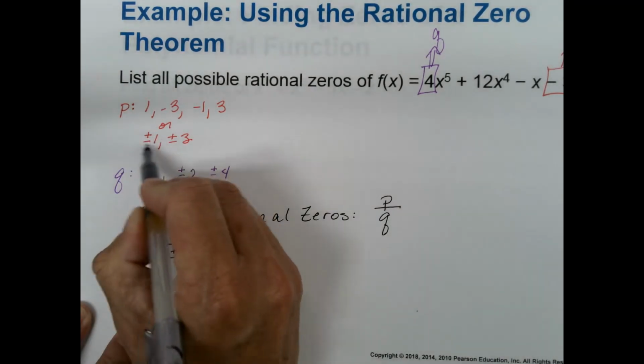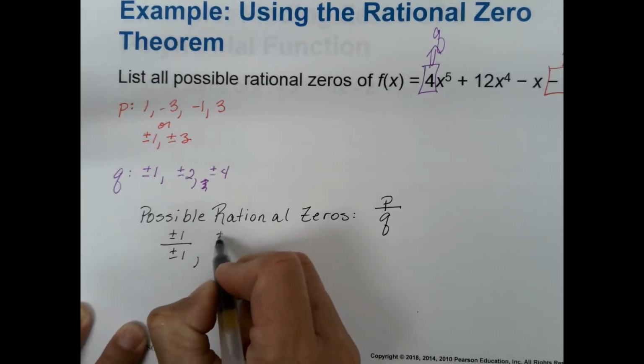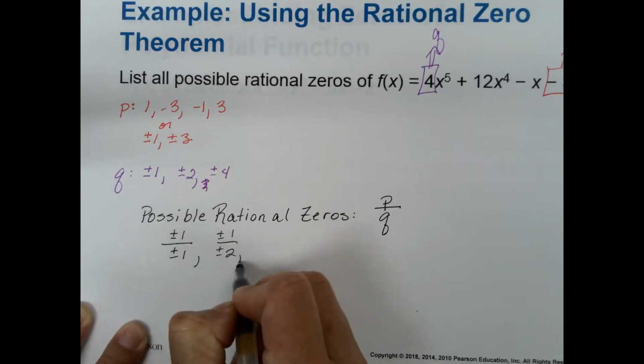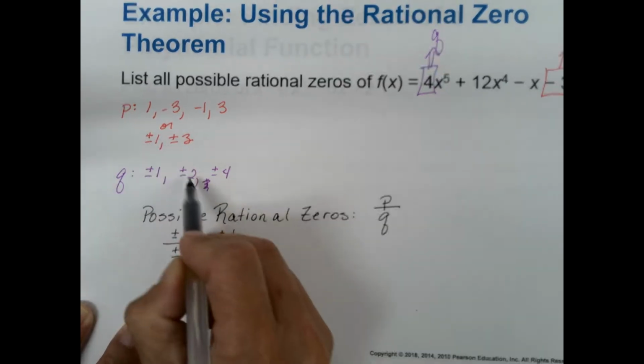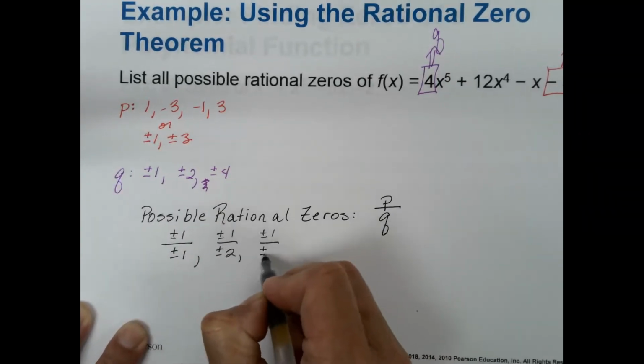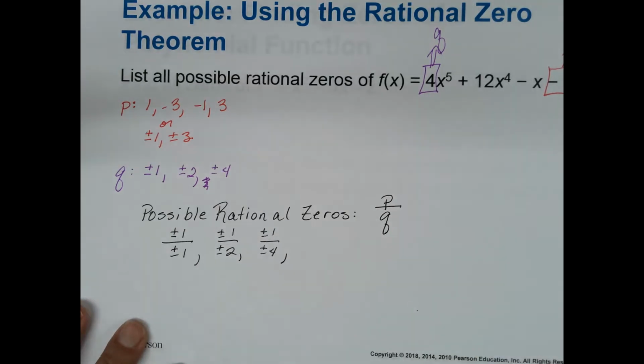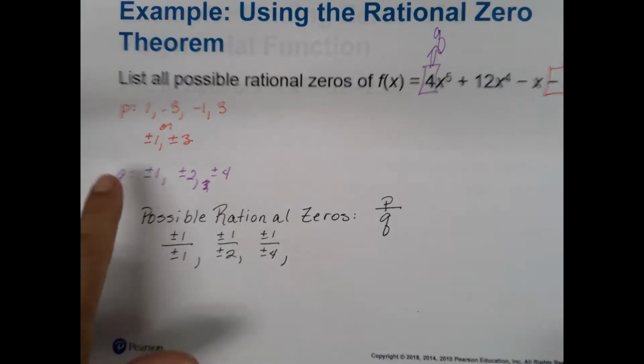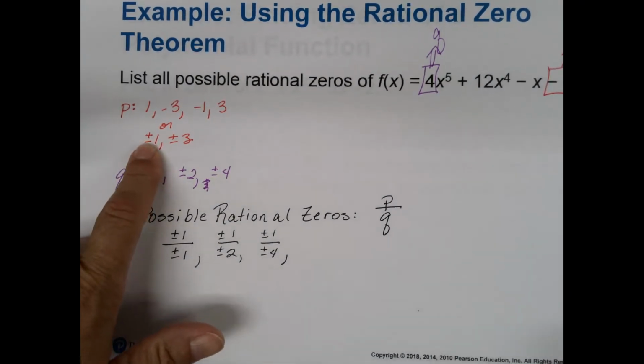So I'm sticking with P's plus or minus 1. It can go over plus or minus 2. So 1 over 1, 1 over 2, and then 1 over the 4. Plus or minus 1 over plus or minus 4. That takes care of all the P's of plus and minus 1.